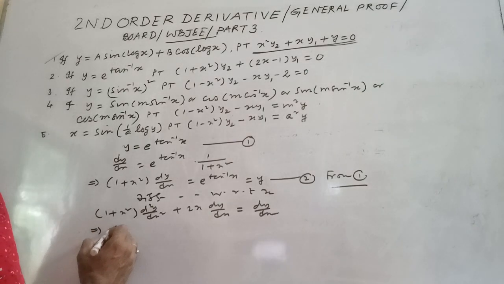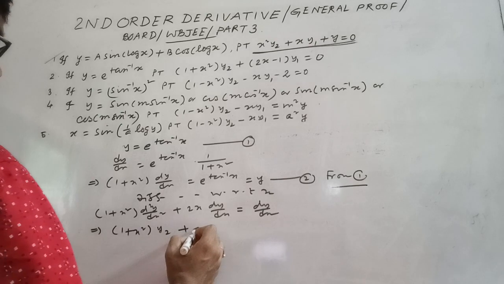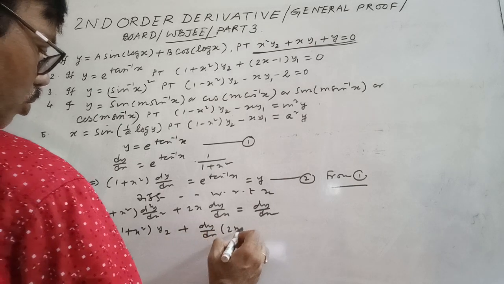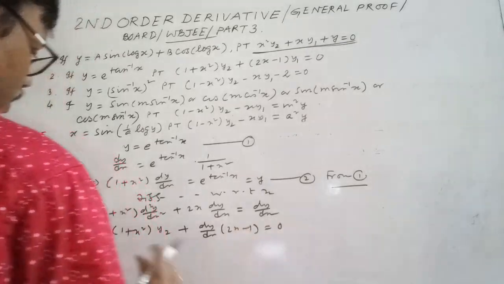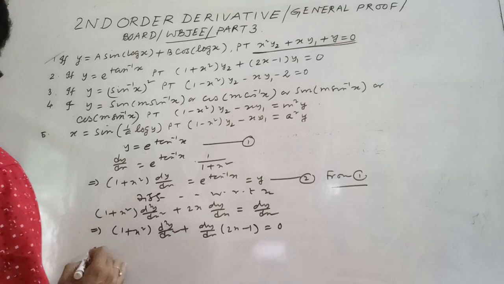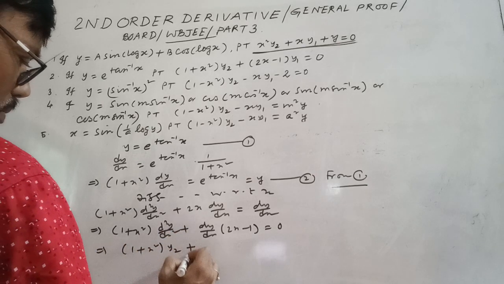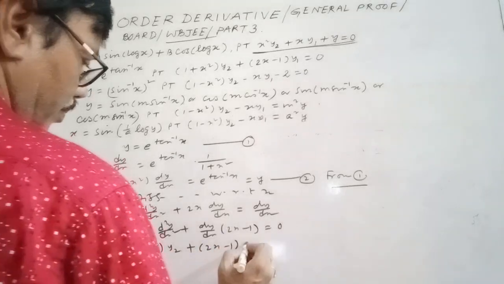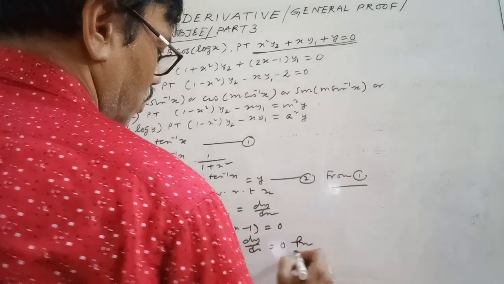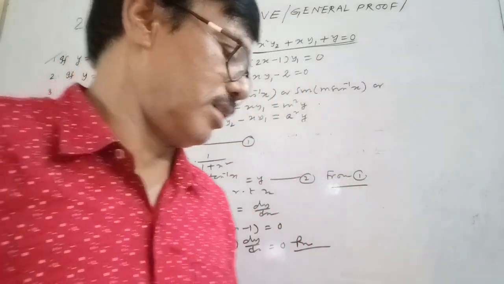So the final result is 1 plus x square into d2y by dx2, plus 2x minus 1 into dy by dx, equals 0. So you get the direct result.